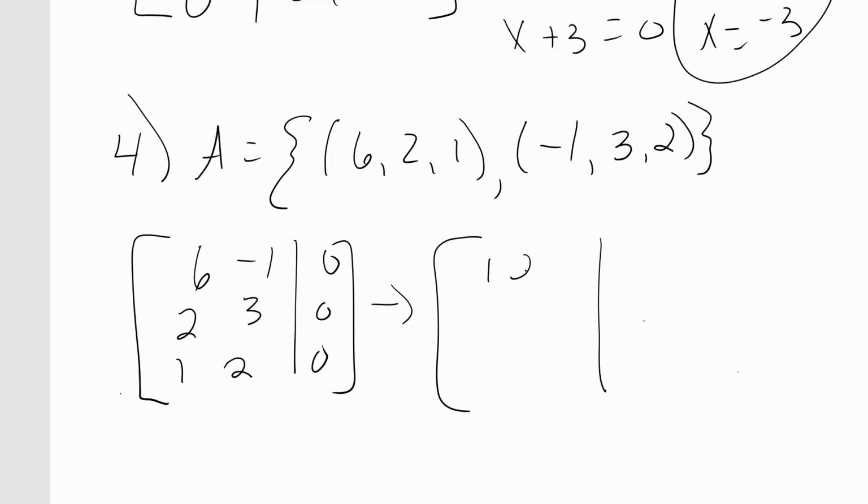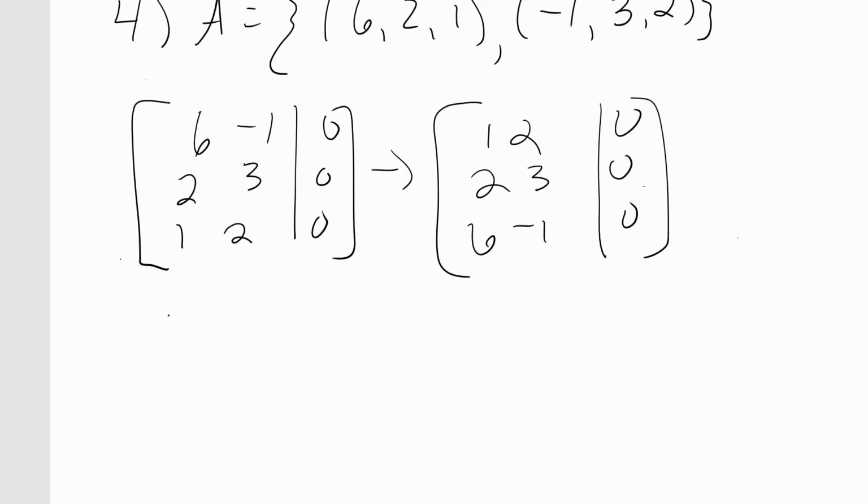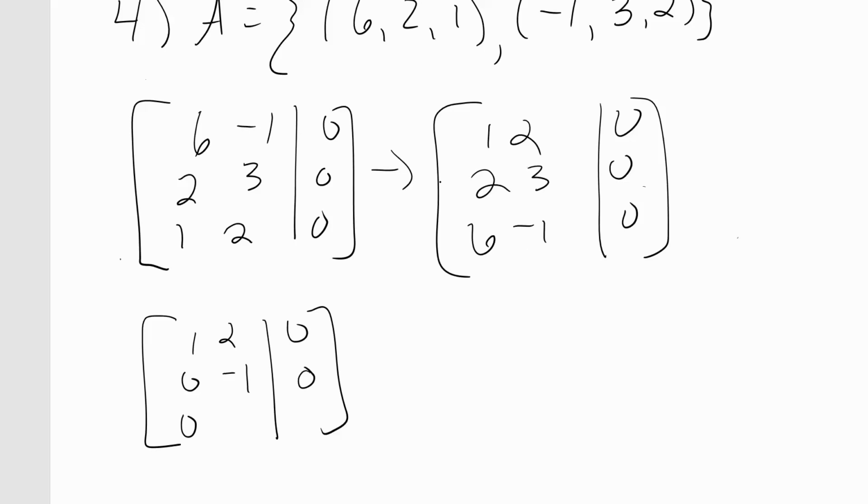So I'm going to do [1, 2, 0] over [2, 3, 0] over [6, -1, 0]. Which is then going to give me, doing negative 2 times the top, 2 minus 2, 3 minus 4 is negative 1, 0 minus 0, and then 6 minus 6 is 0, negative 1 minus 12 is negative 13, 0.